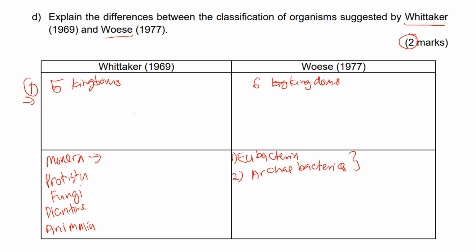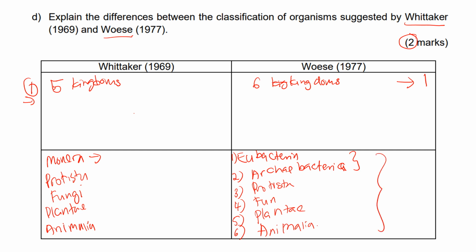So these two were originally from the kingdom Monera, which was separated into Eubacteria and Archaeobacteria, and the other 4 are the same, maintained: the Protista, fungi, plantae, and the last one is the same, Animalia. So this is worth 2 marks. Mentioning all the kingdoms is 1 mark.